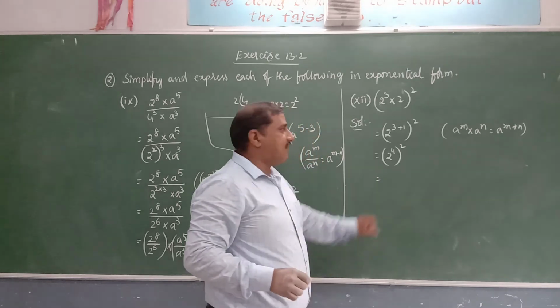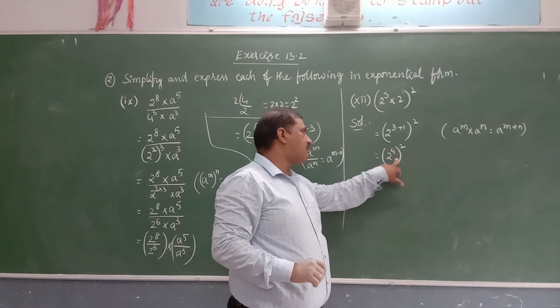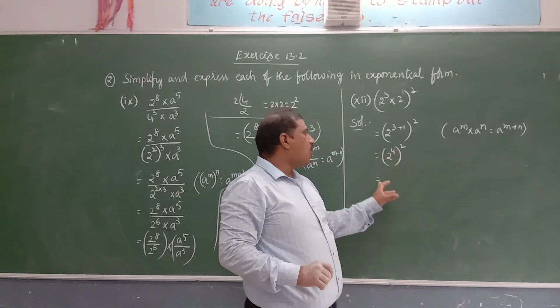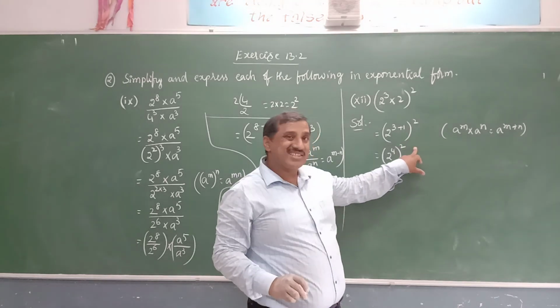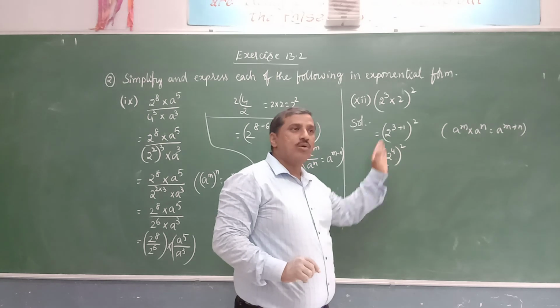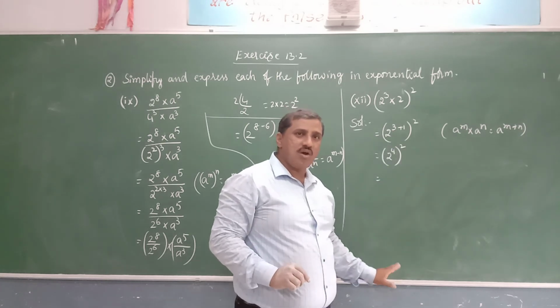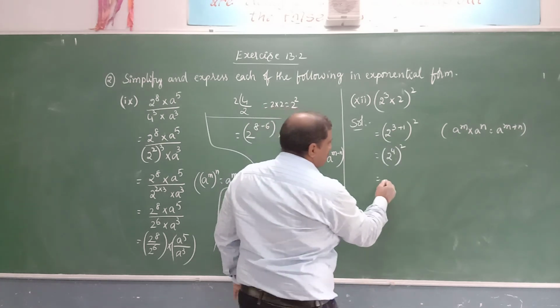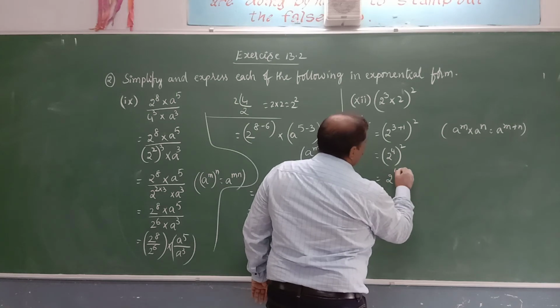Now again two powers are there. Power of a power: 2 to the power of 4 whole to the power of 2, or whole square, is there. It is in the form of a to the power of m whole to the power of n, that is equal to a to the power of m into n, that is 2 to the power of 4 into 2.